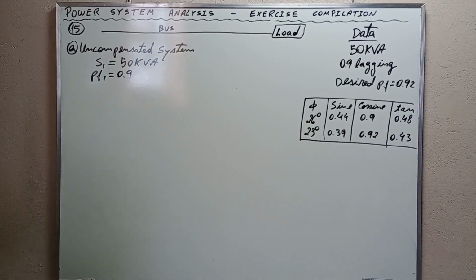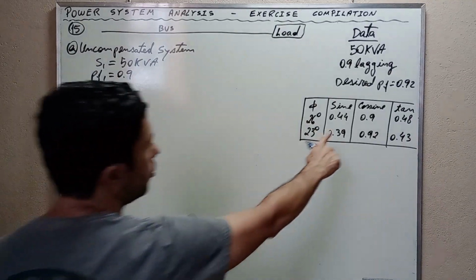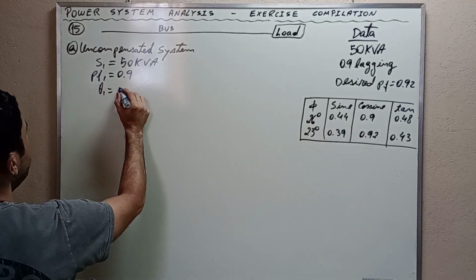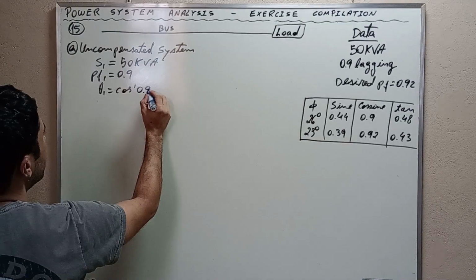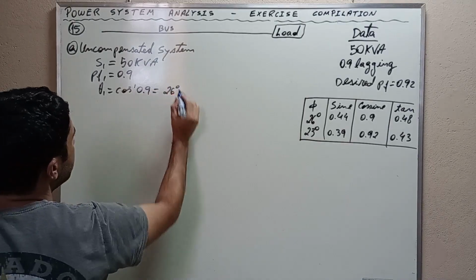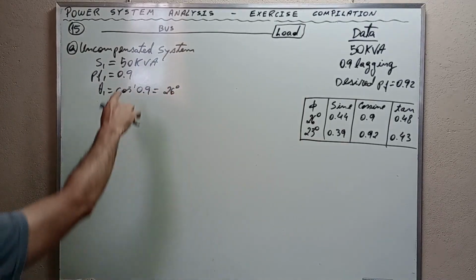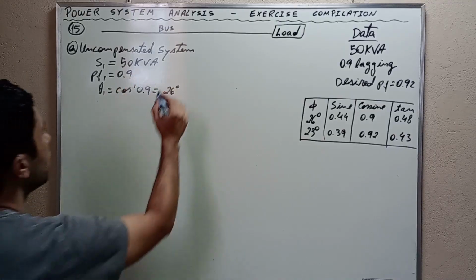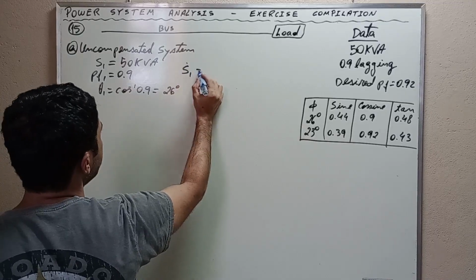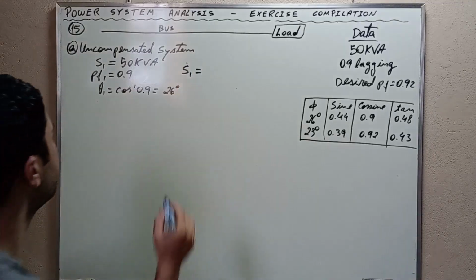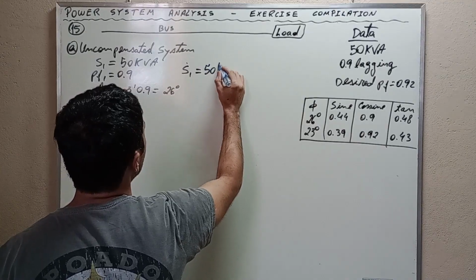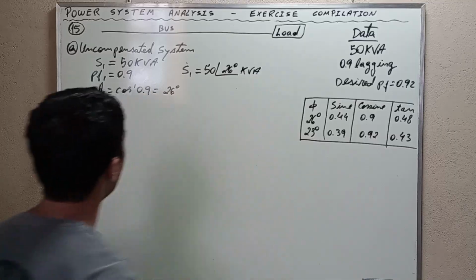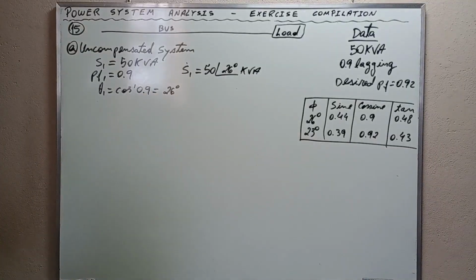If we go to the table, we see that the inverse cosine theta 1, the inverse cosine of 0.9, is equal to 26 degrees. Okay, with the apparent power and the angle, we have the complex power. The complex power of the uncompensated system is 50 phase 26 degrees kVA.